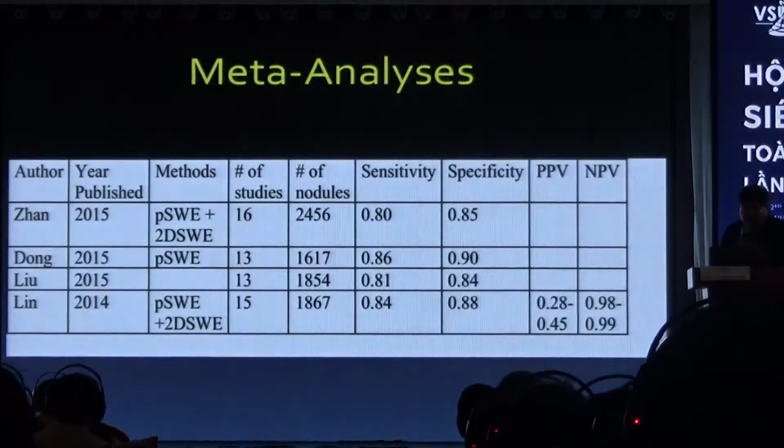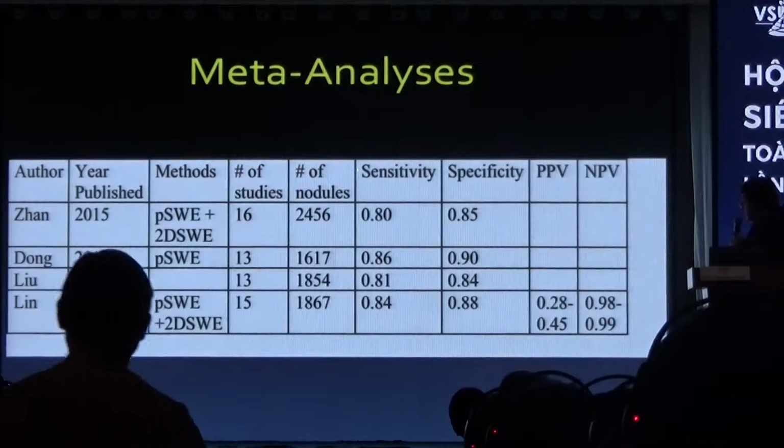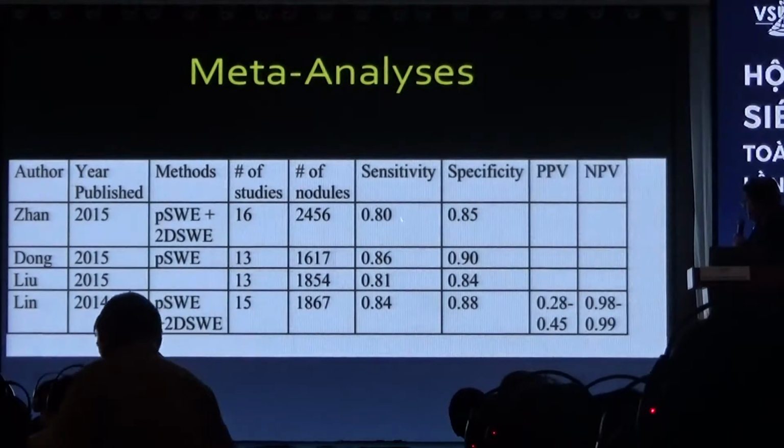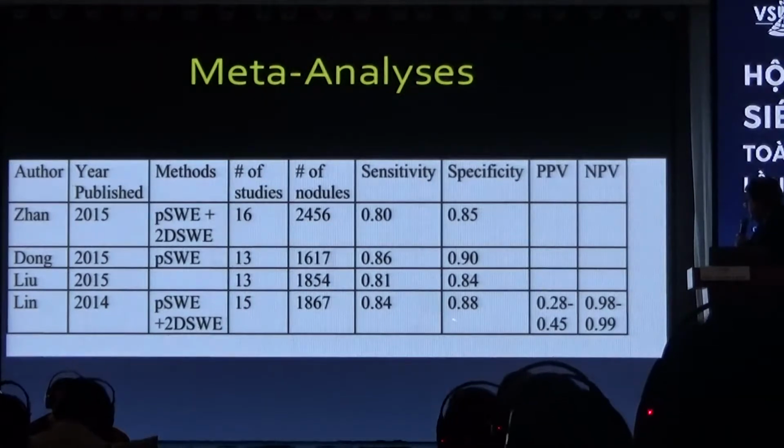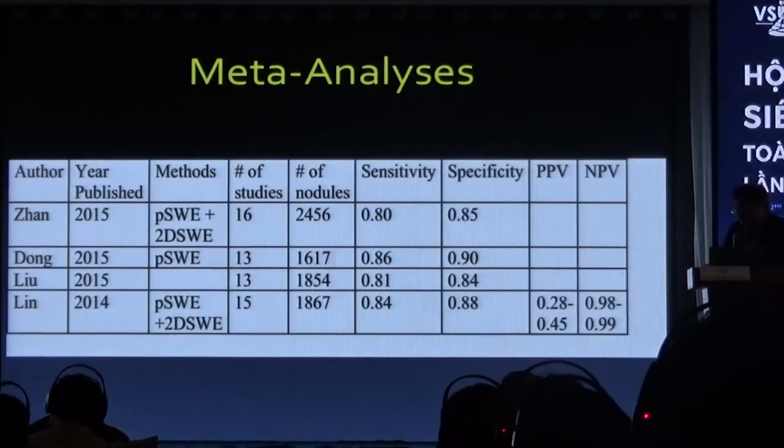And again, here's a meta-analysis, and here we can see sensitivities that are in the low 80s as opposed to the other ones that I showed you, and specificities in the high 80s and 90%. So again, the results are very variable depending on the site and the experience of the person.